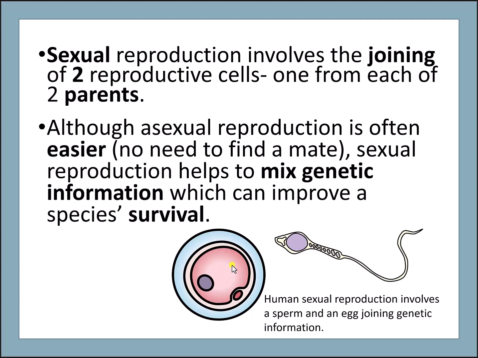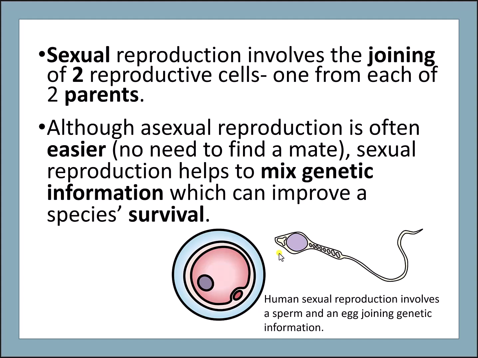So asexual reproduction creates an offspring that's identical to the parent, so the genes are going to remain the same. But in sexual reproduction, these two parents' genes are actually going to combine, and we'll talk more about how that works in future units, but they combine to mix up the genetic information.